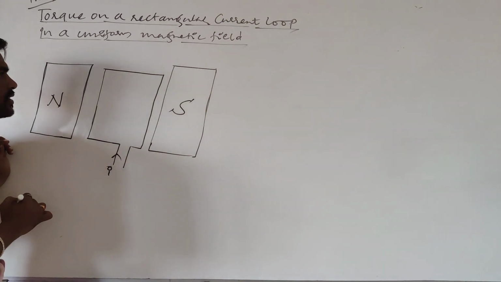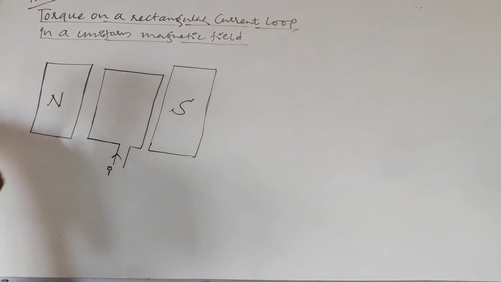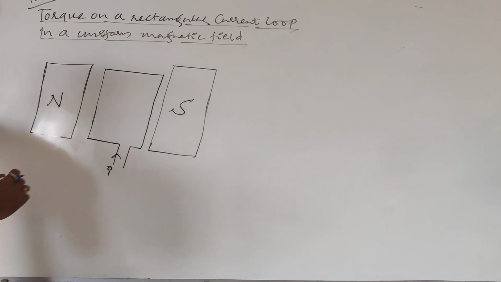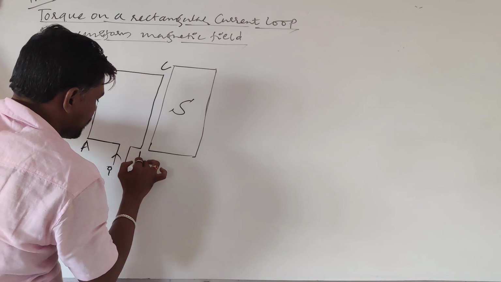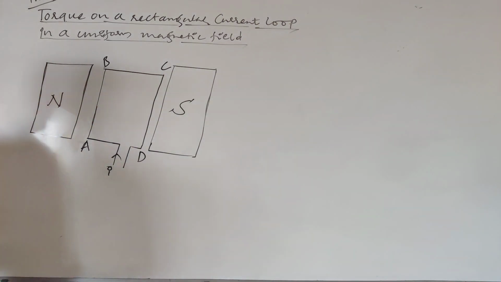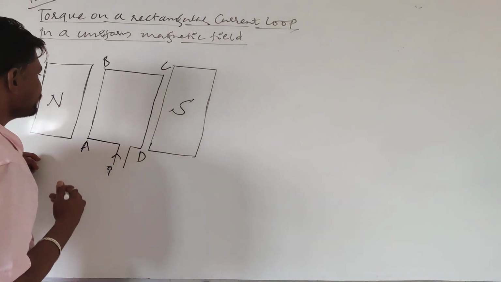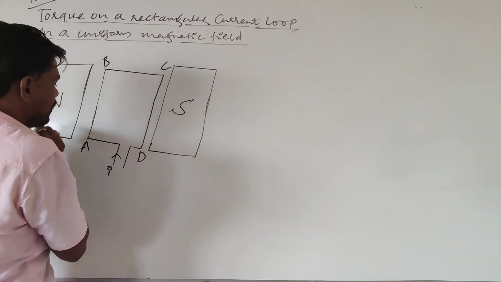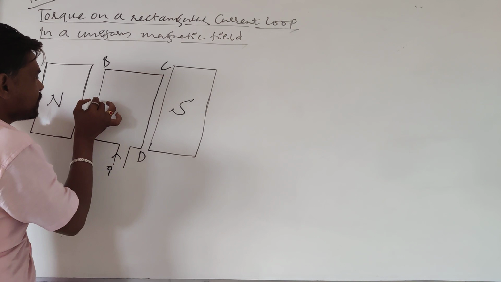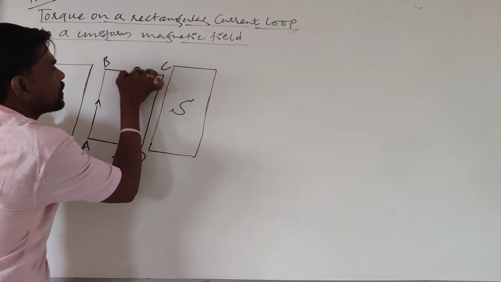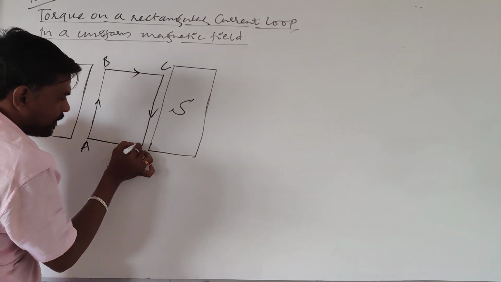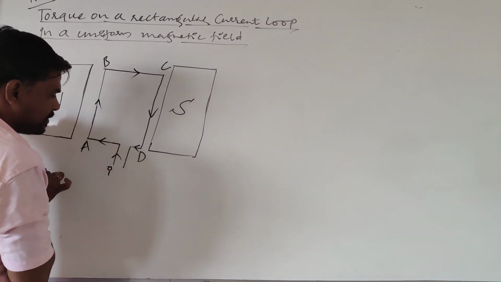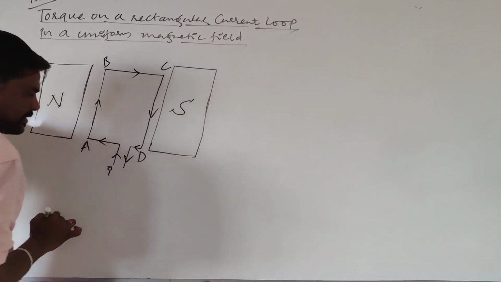Now I take A, B, C, D. The current is going like this, going like this, again going like this, and coming back like this.